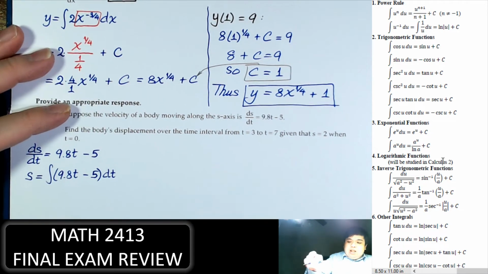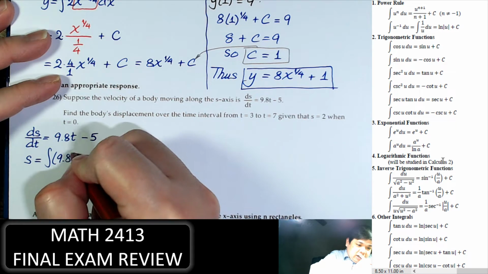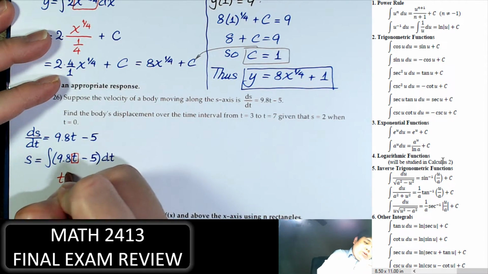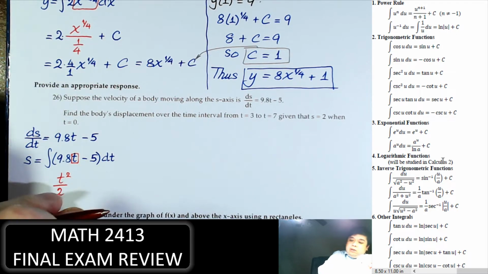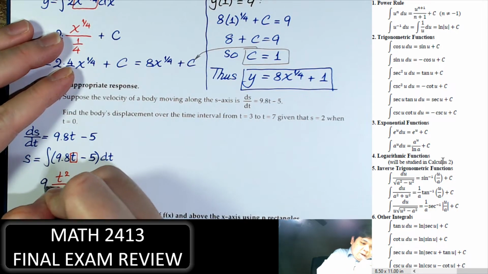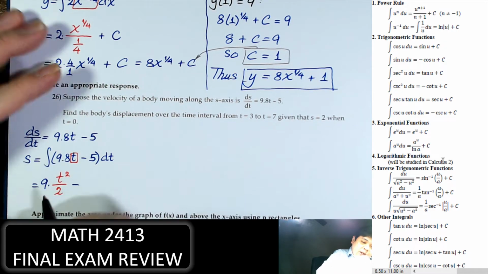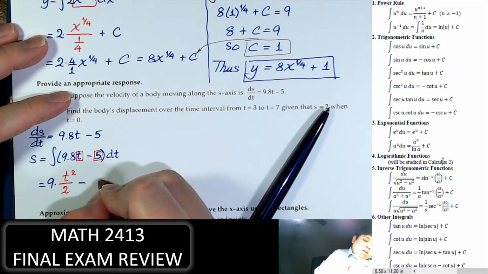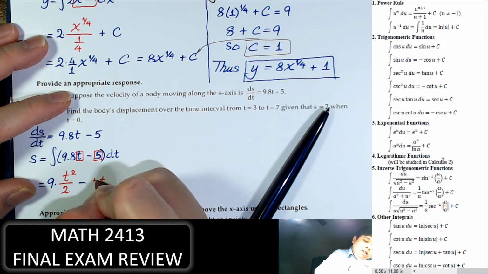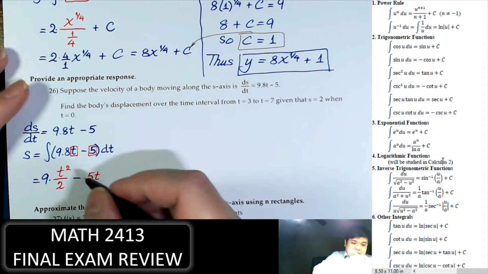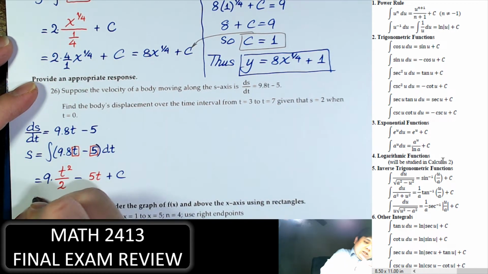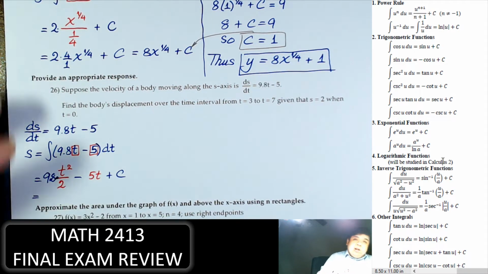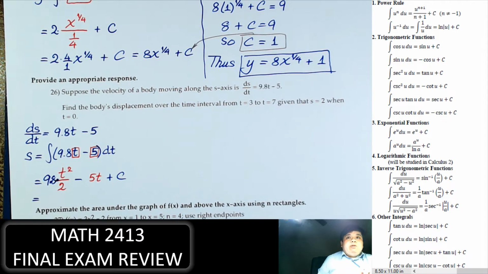Right, so just integrate. Power rule, we have a power, so increase the power of 1 to 2, divide by the same thing. Then we have a constant, the integral of a constant. Just take that constant, multiply by t. And there's a plus c. So 9.8 divided by 2 is 4.9.